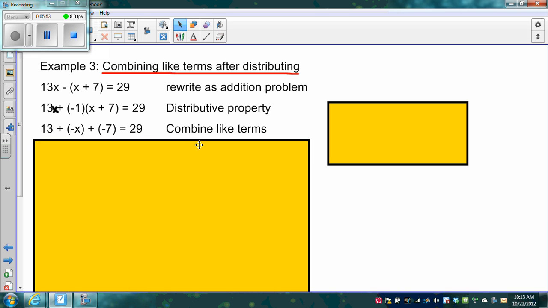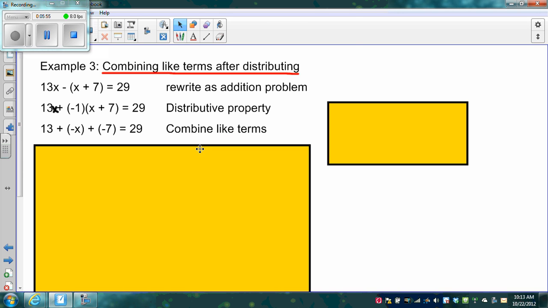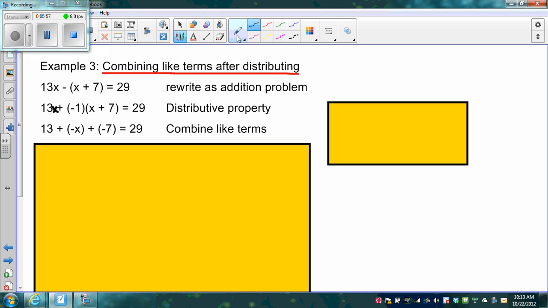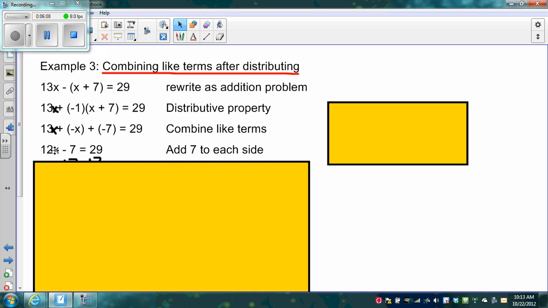Then we can do the distributive property. I forgot to type my x twice. I'm sorry. This is a mistake that you may make too, so make sure you're checking. So now we have negative 1x plus negative 7. We can combine our like terms. So 13x minus 1x, or plus negative 1x, is 12x.